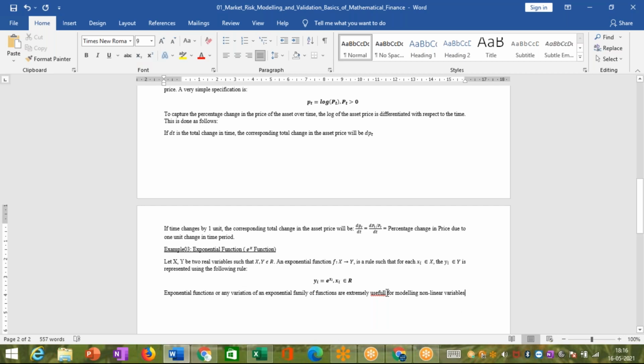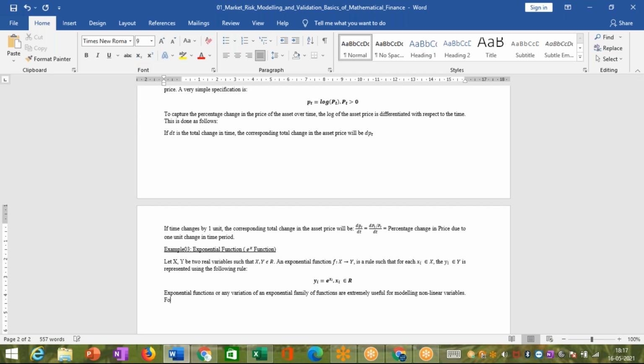So basically what I'm trying to tell you over here is that this is one of the functions which will always become handy, right? So you have an exponential function, you're doing that exponential plot and so on. So the exponential family of functions is actually used for modeling nonlinear variables.